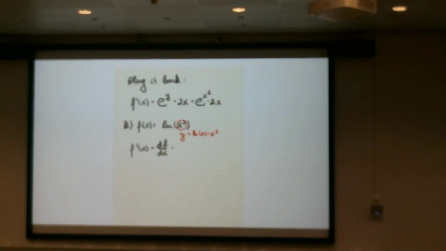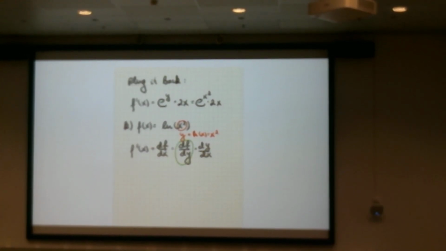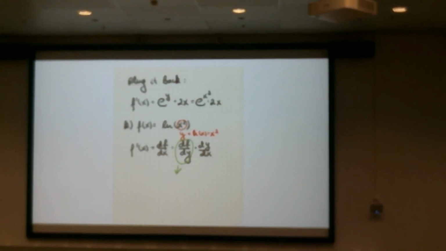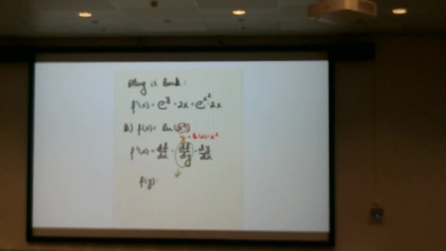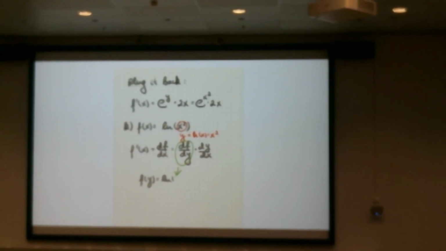And then it's going to be derivative of f with respect to y, and then I'm going to multiply derivative of y with respect to x. So for this part, it's going to be equal to, well, we treat a function of y, which is logarithm of y.